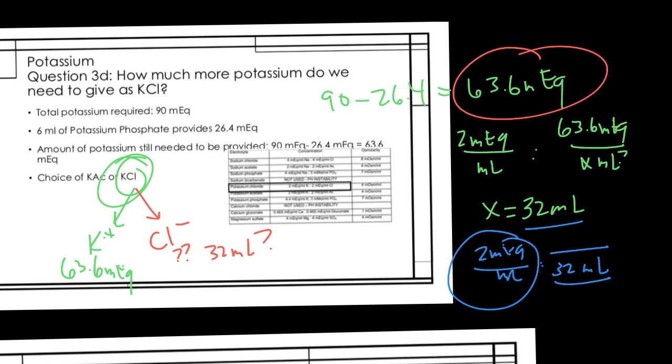You know you're giving 32 milliliters. Solve for X to figure out how many milliequivalents that is. That's 64. So you're giving 64 milliequivalents when you give 32 milliliters.